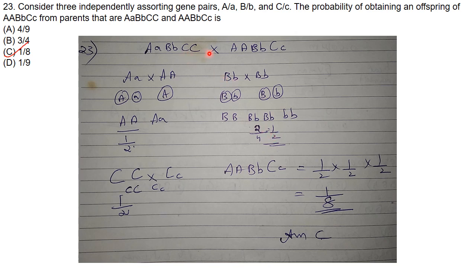Similarly, capital C into capital C, small c. You want one small c and one capital C, that is also half. So what is the probability that you will get capital A, capital B, small b, capital C, small c? That is half into half into half, that is 1 by 8. So answer is option C.